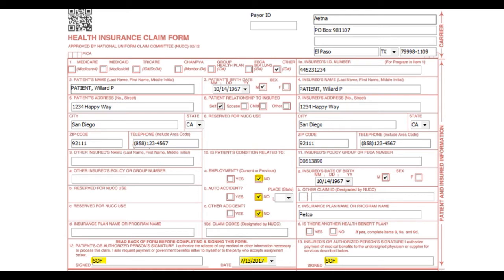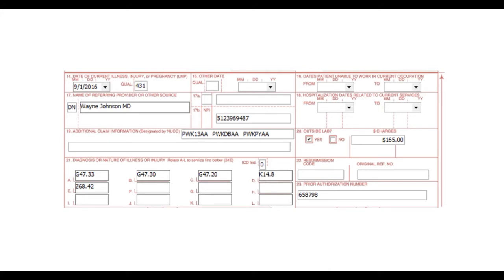Box 13 is the assignment of benefits. So SOF again for signature on file, and when that is signed, that means that the provider will receive the insurance check. The middle section is boxes 14 through 23.